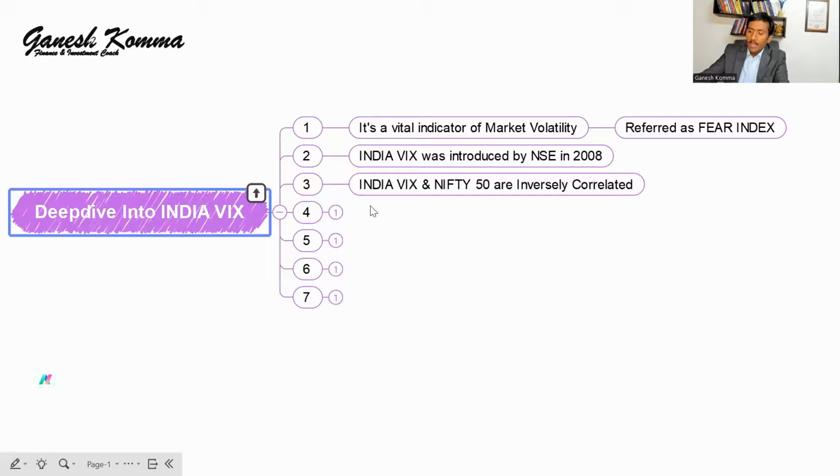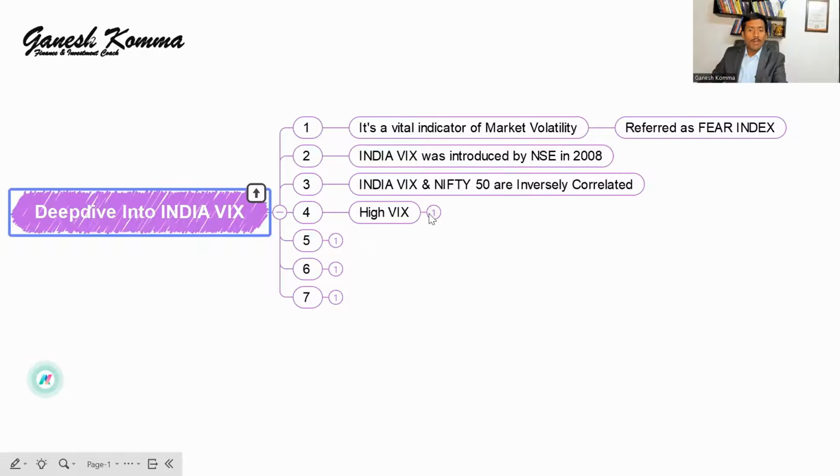And when you look at India VIX and Nifty 50, they are inversely correlated, which means if India VIX is increasing, then your Nifty 50 will be declining. That's called inverse correlation.